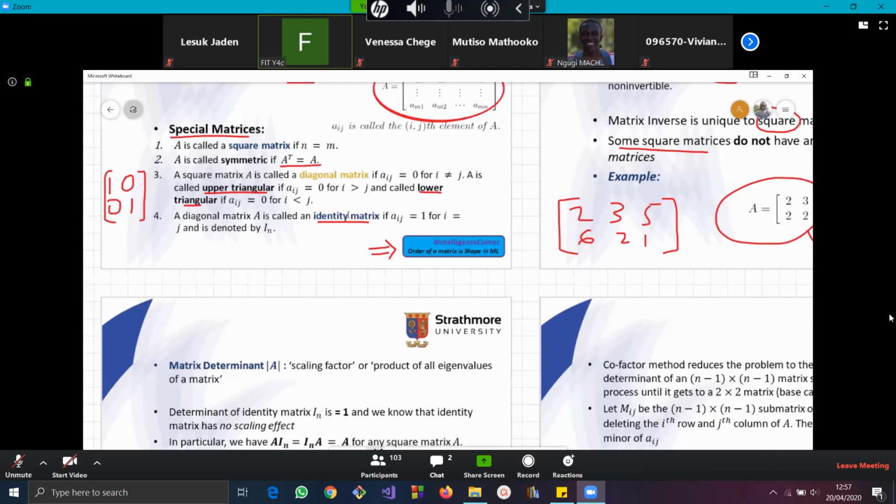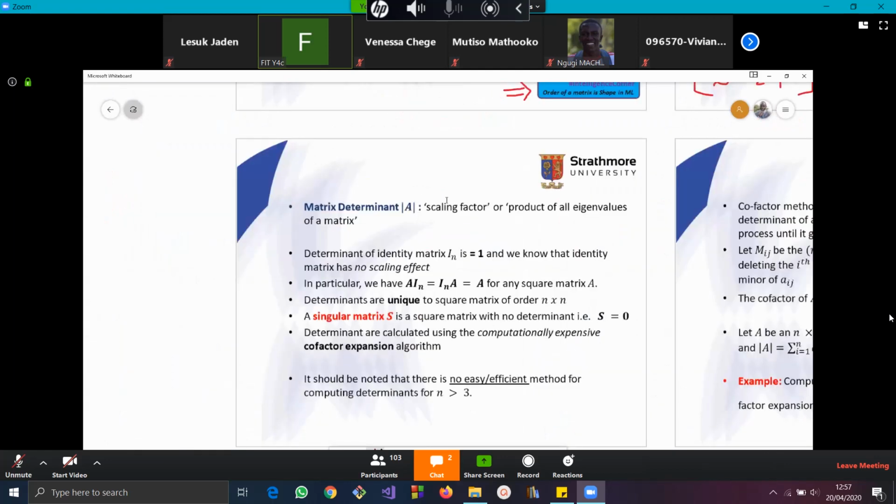First, we have to discuss the determinant of a matrix. What's the determinant of a matrix? The determinant is very difficult to explain, so I normally say the determinant is the scaling factor. I will explain that in a moment.